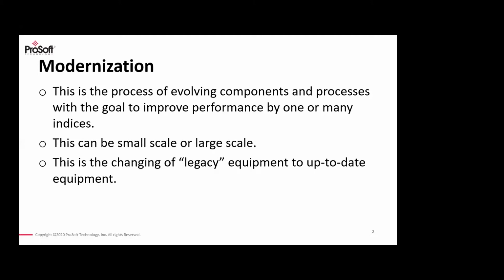This process can be extensive, changing the entire system into a new one, or it can be pretty small, simply upgrading your firmware for your Rockwell controller, for example. But for this presentation, we'll be discussing the large-scale effort of changing processes, controllers, and components. We'll talk of removing legacy equipment and replacing it with up-to-date equipment.